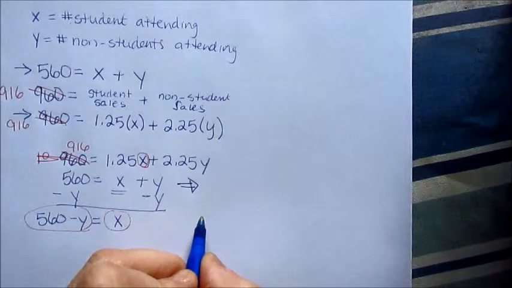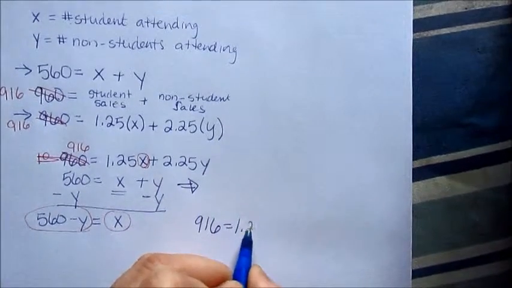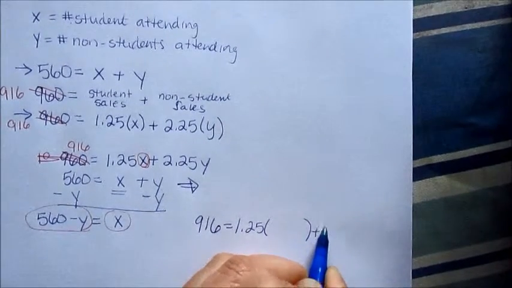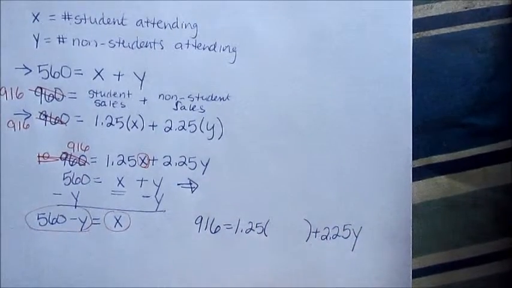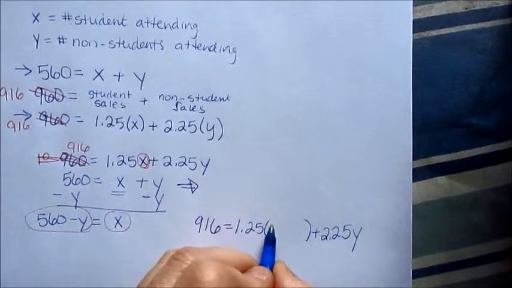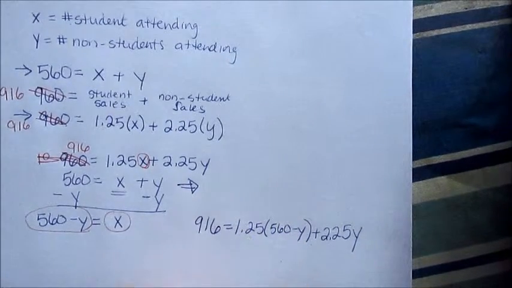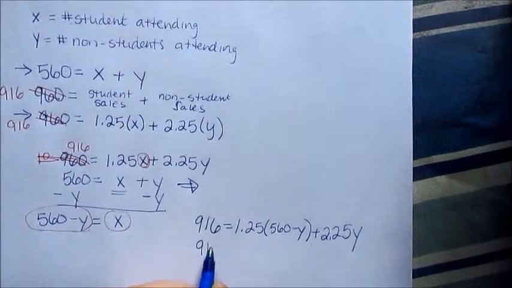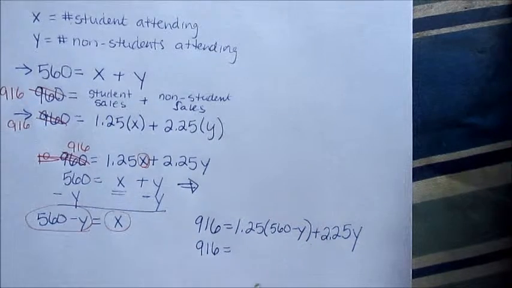So I have 916 equals $1.25x plus 2.25y. Instead of putting an x in there, I'm going to put in 560 minus y. I'm not going to multiply through by 100 here, I can to get rid of the decimals, but I kind of see what's going to happen.